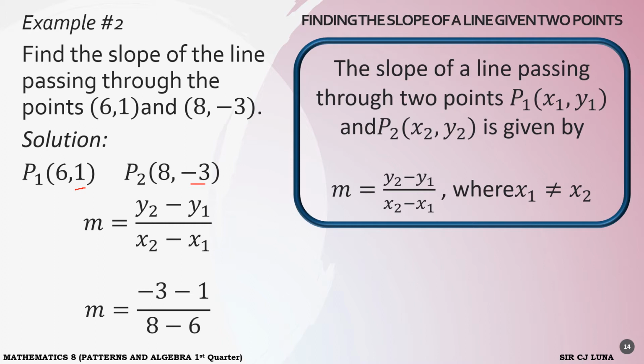X sub 2 is 8. So we have here 8 minus x sub 1, 6. Okay, so we have now negative 3 minus 1 all over 8 minus 6. Negative 3 minus 1 is negative 4. 8 minus 6 is positive 2. And then simplify. Negative 4 divided by 2 is negative 2. And that's our answer for example number 2.